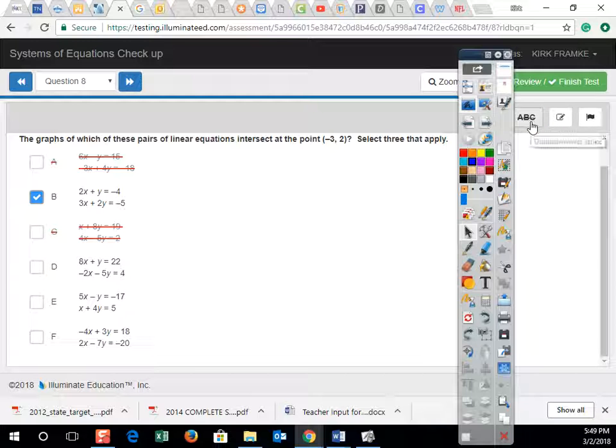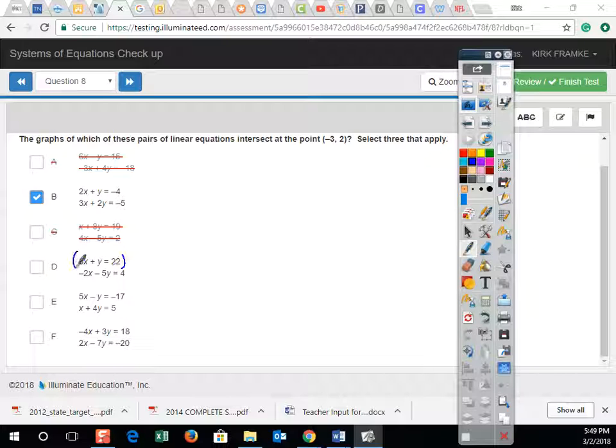All right. Moving on to D. Let's multiply this whole thing by 5 to cancel out the y's. I could multiply the bottom one by 4 as well, and that would work. So we get 40x plus 5y is equal to, oh really, so that's 100 plus 10, so it's 110. And so let's add those together.